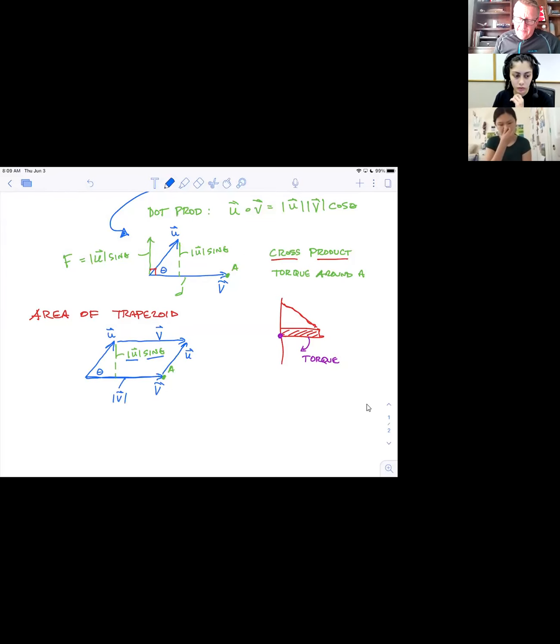So you can conceptualize, since the area of this picture is really the base of the trapezoid times the height of the trapezoid, and the sine is what made it the height.